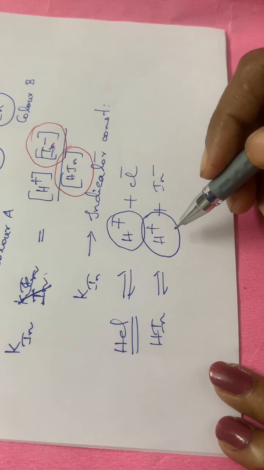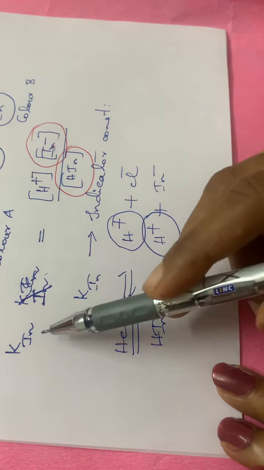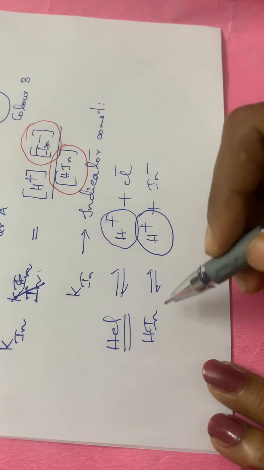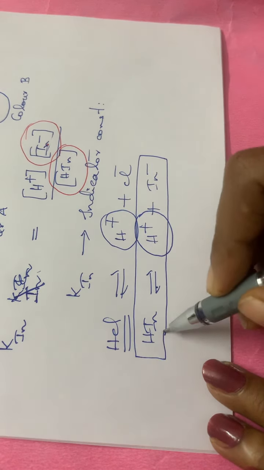So in order to keep the equilibrium constant as a constant, the equilibrium will be shifting towards the left. In this you have to consider this particular equation. Here which phenomenon will be acting? The common ion effect will be acting here.